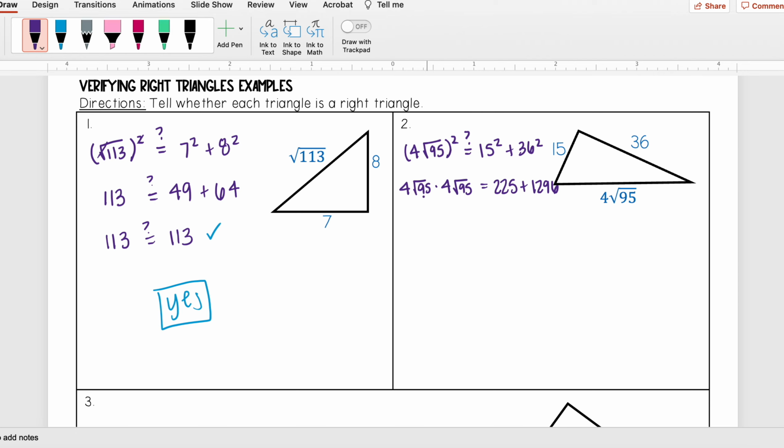And so here we're going to multiply our like terms. So 4 times 4, I get 16. Square root of 95 times square root of 95, I get 95. 225 plus 1296, I get 1521. And then 16 times 95, I get 1520.